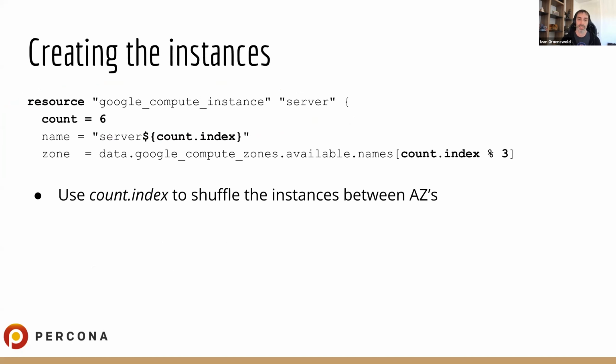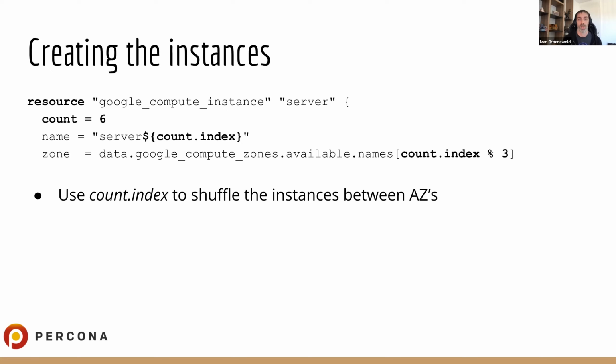For creating the instances, we saw an example of this, but there's another trick here that might be helpful, which is to use the count argument, okay? If you put this within a block, it will create several copies of the resource. And then it will also give us a count.index argument that we can reference. This starts with 0, okay?